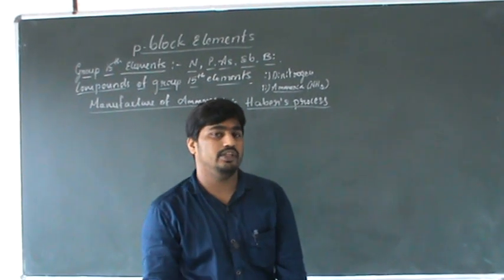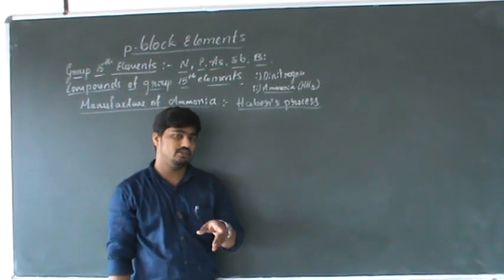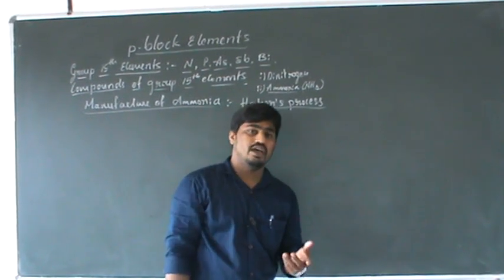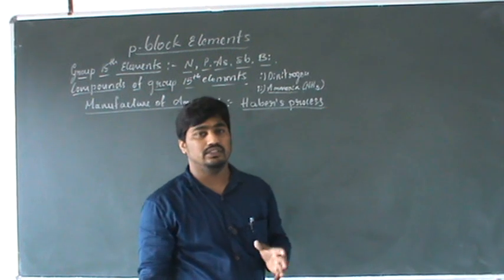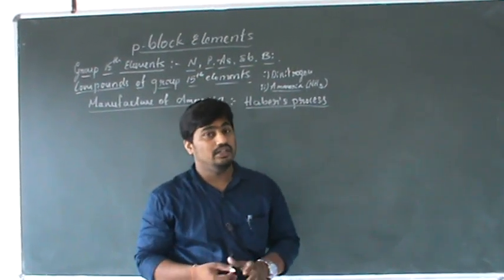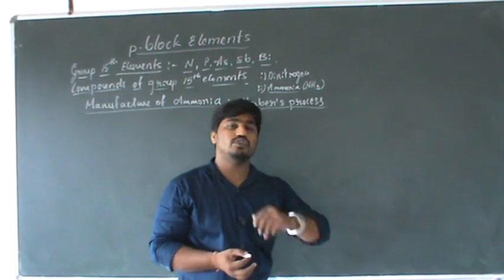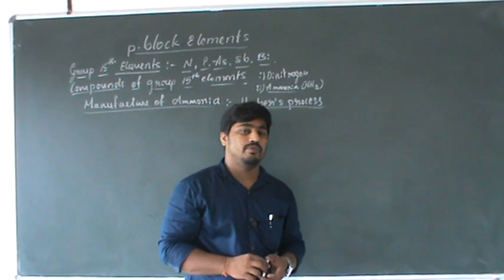The preparation involves the combination of nitrogen and hydrogen. This combination is a reversible process, hence we require different conditions to get more product. What conditions are required to produce more ammonia?